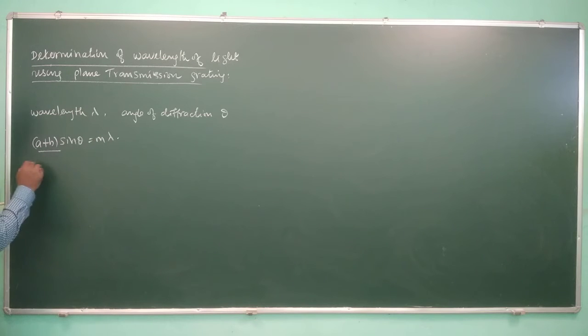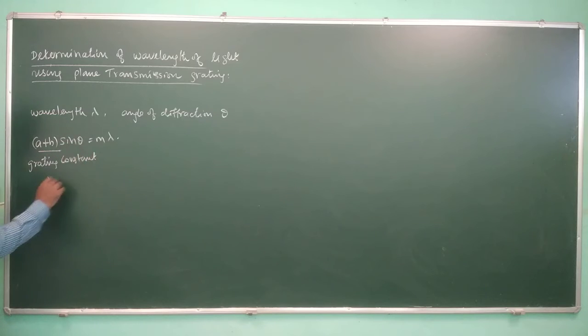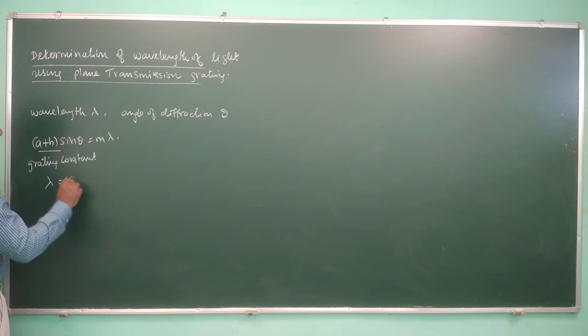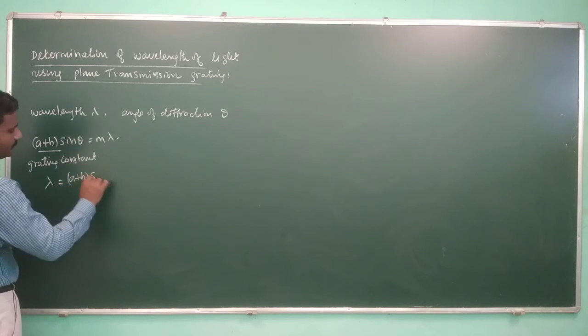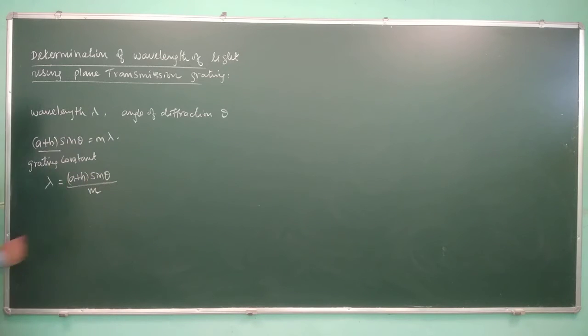Here a plus b is the grating constant. If the grating constant is known, then lambda can be calculated using the formula (a plus b) sin theta by m, by doing a simple experiment using a grating and a spectrometer.